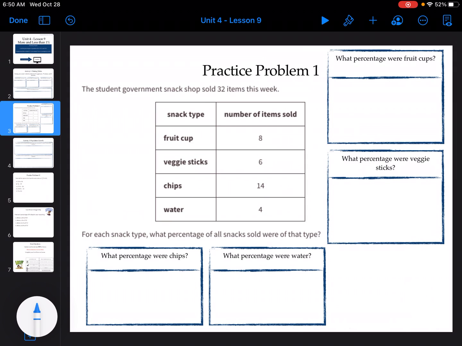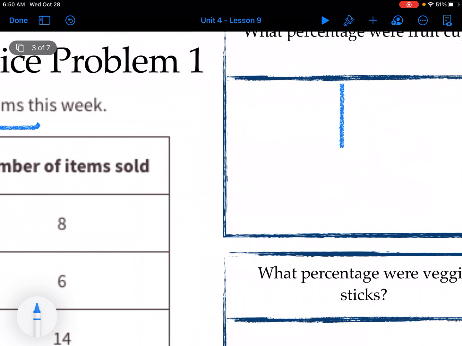For the next one, it says a student government snack shop sold 32 items this week, so they're giving us the total. They want us to figure out for each snack type what percentage of the snacks were sold. So I want to figure out what percent of 32 is 8.